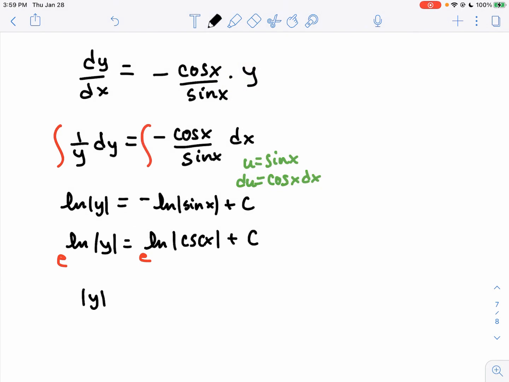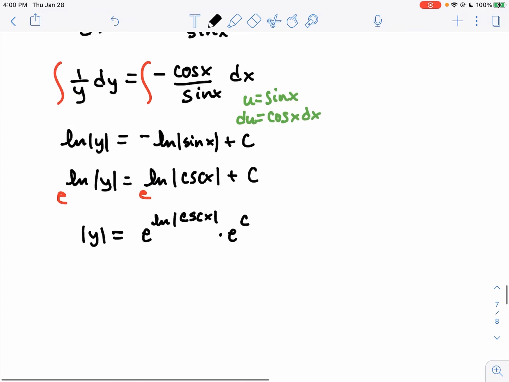So we get absolute y is equal to, and we're going to break this apart to e to the natural log of cosecant of x times e to the c. And when I solve for y, I get plus or minus e to the c times the, and then here e to the natural log cancel each other as well, so we get absolute cosecant x.